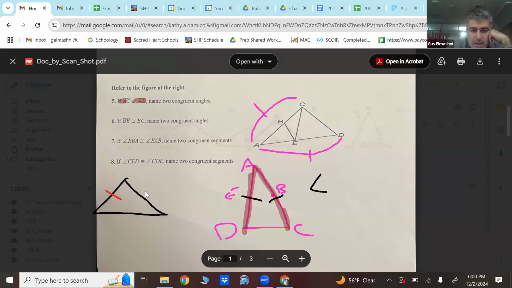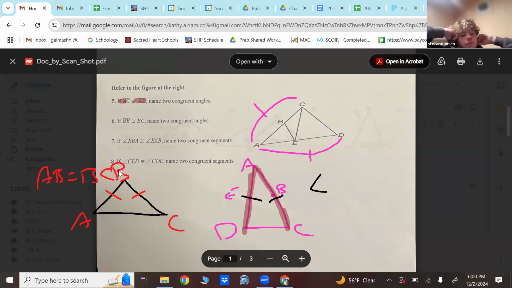Okay, if these are the same, right? Let me call this A, B, C. So AB is equal to BC. I'm making a new triangle to help you out. If AB equals BC, what two angles are the same? Just look at it.